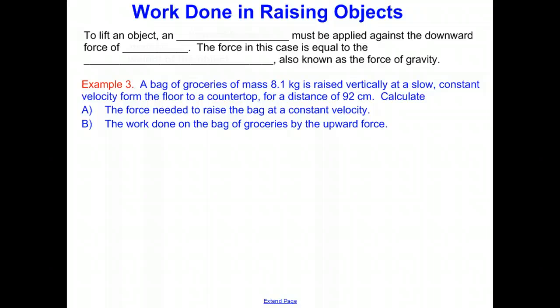And so when something feels heavy, it's because it has a lot of mass and gravity's pulling it down. And so in order to calculate what that force of gravity is on the object, we always took the mass in kilograms times gravity, which was 9.8. And so if we're going to lift objects off the ground, basically we're doing work against gravity, and there's a different way of calculating that. And I'll show you.